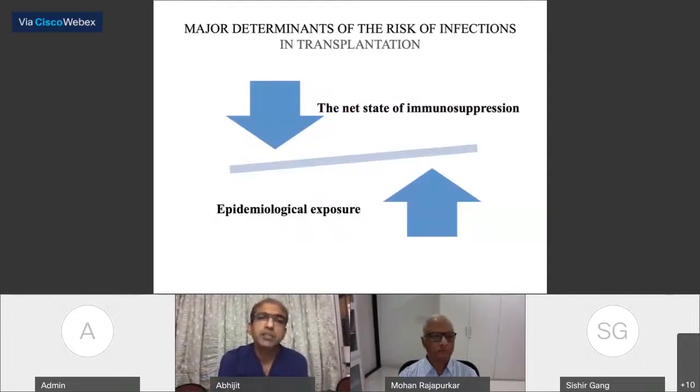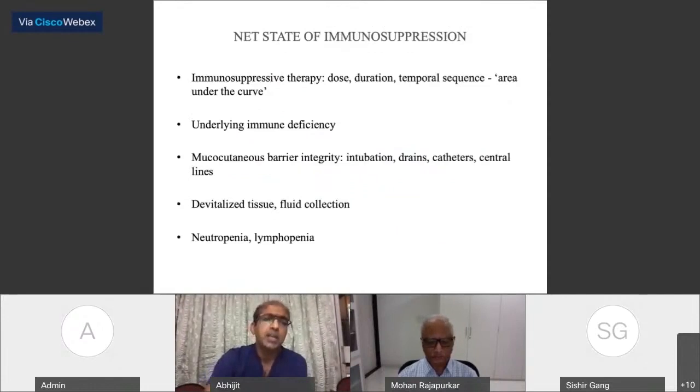So the major determinants of the risk of infection are the net state of immunosuppression, which we are all aware of, and the degree of epidemiological exposure. The net state of immunosuppression is in relation to the dose, duration, and temporal sequence of the drugs that are used. Also, the underlying immunodeficiency present earlier, like patients with lupus nephritis. Presence of catheters, tubes, and central lines promotes the possibility of infections.